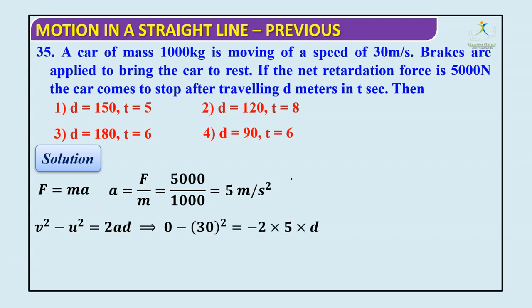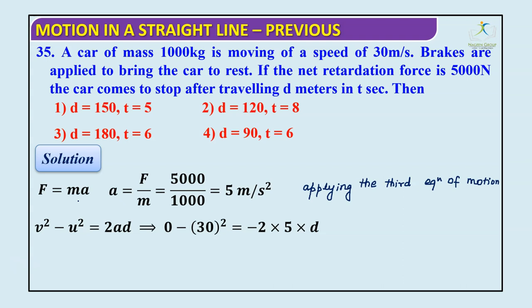Applying the third equation of motion, which is v squared minus u squared is equal to 2as.